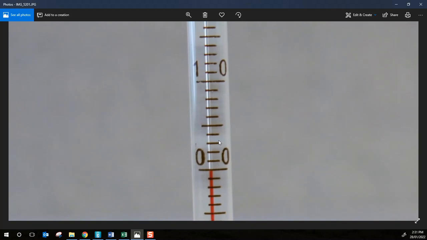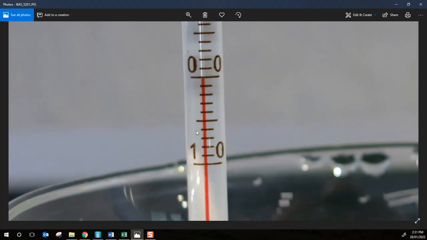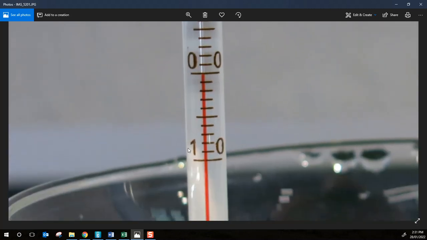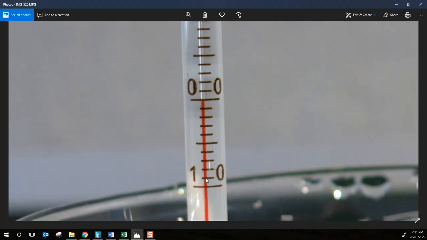Each of these steps is 1 degree centigrade. Down the bottom here, even though they don't have a negative sign, clearly these are temperatures below 0. This is negative 10. You can see the little red liquid inside there is pretty much exactly touching 0, as we would expect when the ice and water are present together, solid and liquid.